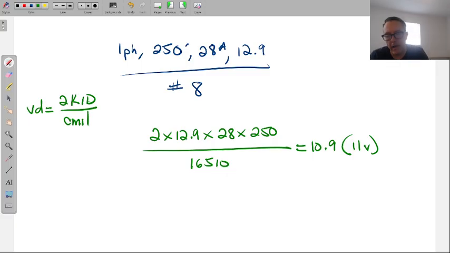Now, usually the way I like to do an exam, just so there's no question, it will be exactly that, or what you see, or I might just abbreviate it. But I'll be very close to what you're going to see on the calculator. But 11 volts, we can call that 11 volts.